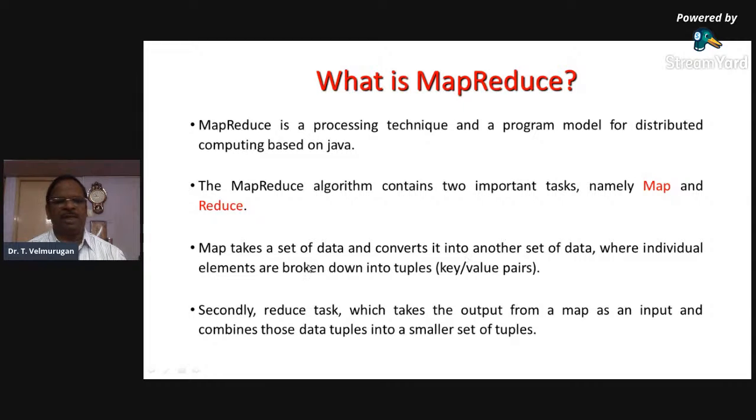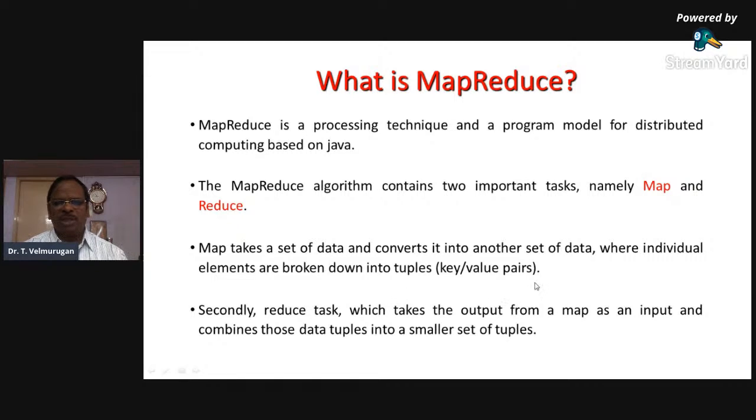One is mapper and another is reducer, which are also called map and reduce. These are the two important tasks in the MapReduce model. The map task takes a set of data and converts it into another set of data, where individual elements are broken down into tuples.